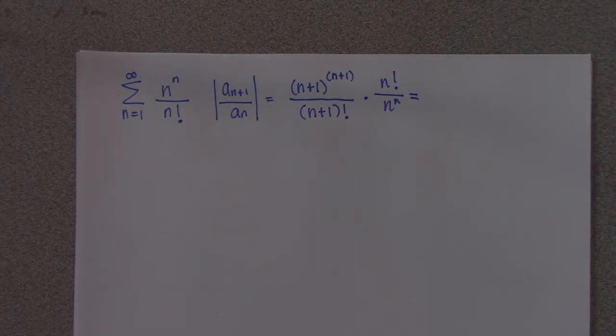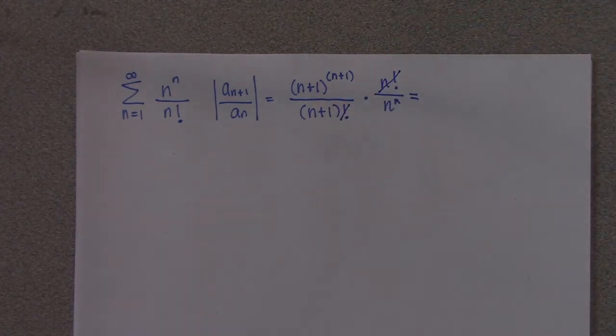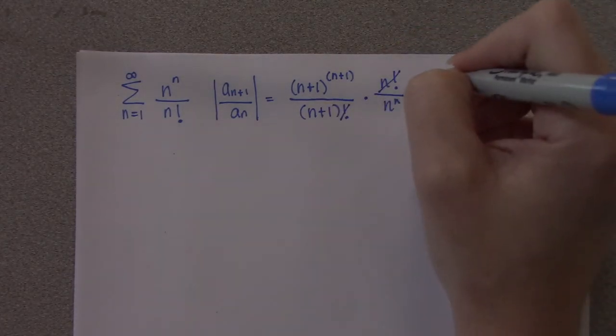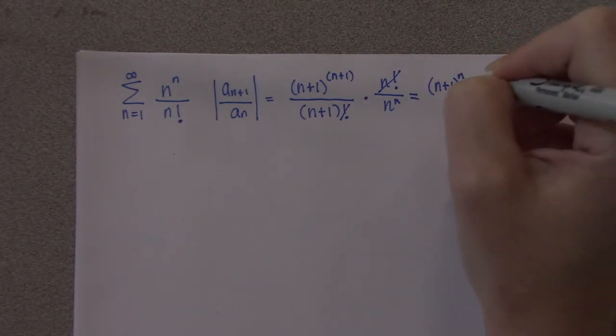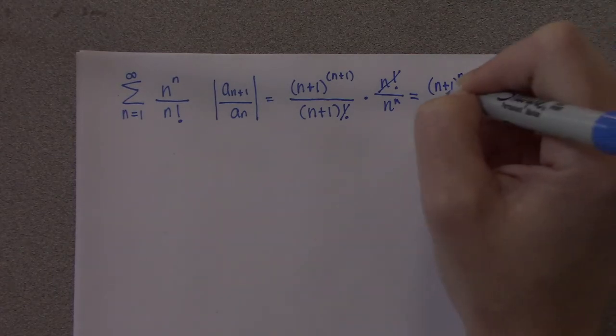So the factorials are easy to cancel. We just saw this, right? We know the n factorial in the numerator is going to cancel the factorial sign out of the denominator. But let's do one extra algebra step so we can see how to break up this n plus 1. So this is n plus 1 to the n times n plus 1 to the 1.